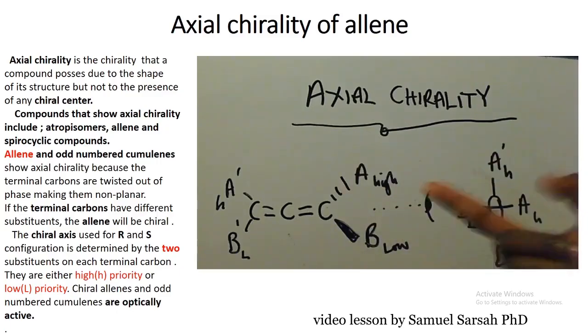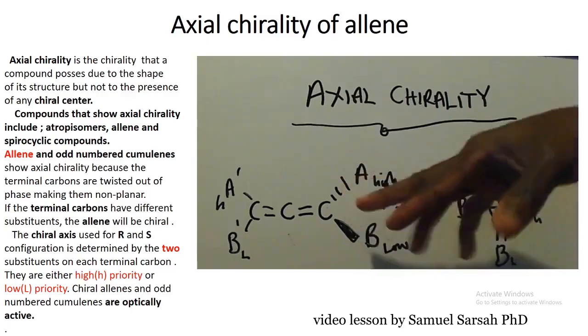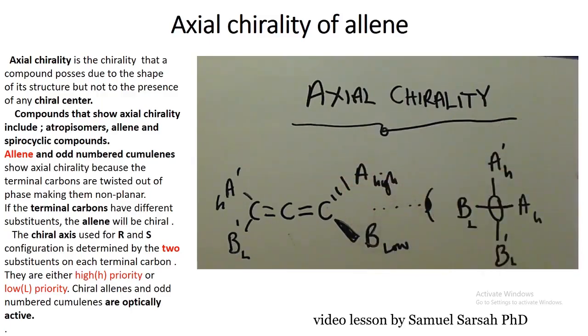Now after doing that, because I started from this, looking at this carbon facing me, I need to start from that side. So I'm going to start from B and A first. I need to start from the substituent that is lower priority first, which in this case is B. And then I need to look at the other substituents and see which of them is of higher priority, and then move from lower to higher priority.